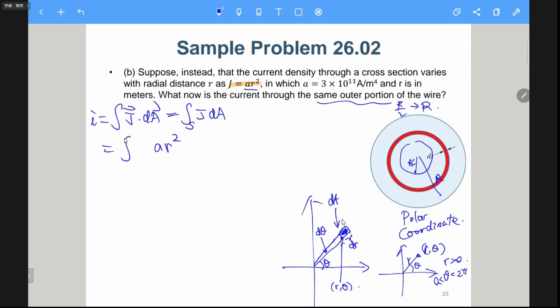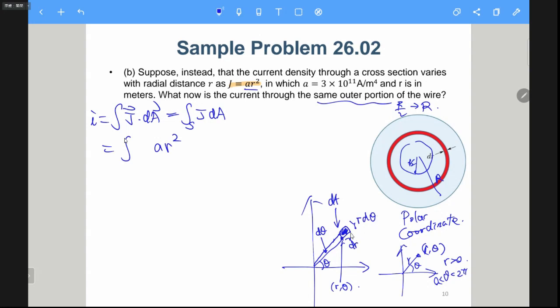rectangle, if dr and d theta are small enough, you can approximate its area as a rectangle. And so it is like this side multiplied by this side. This side is dr, very trivial. And for this side, in high school, I suppose you have learned that this side should be r d theta, or at least the inner part is like that.